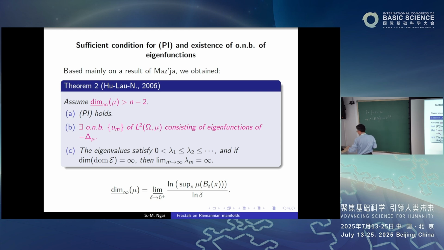Then you take the log on both sides and divide by log delta. I should use delta instead of R. Sorry.